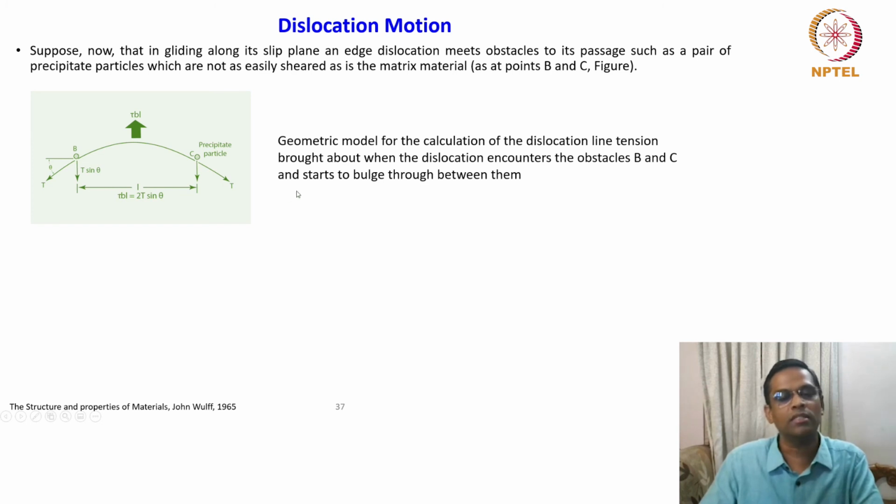And what else is happening? If you look at this, this is the geometrical model for the calculation of dislocation line tension. This line tension is not new to us, we have already seen it, right? We correlated surface tension to surface energy, and line energy to line tension.